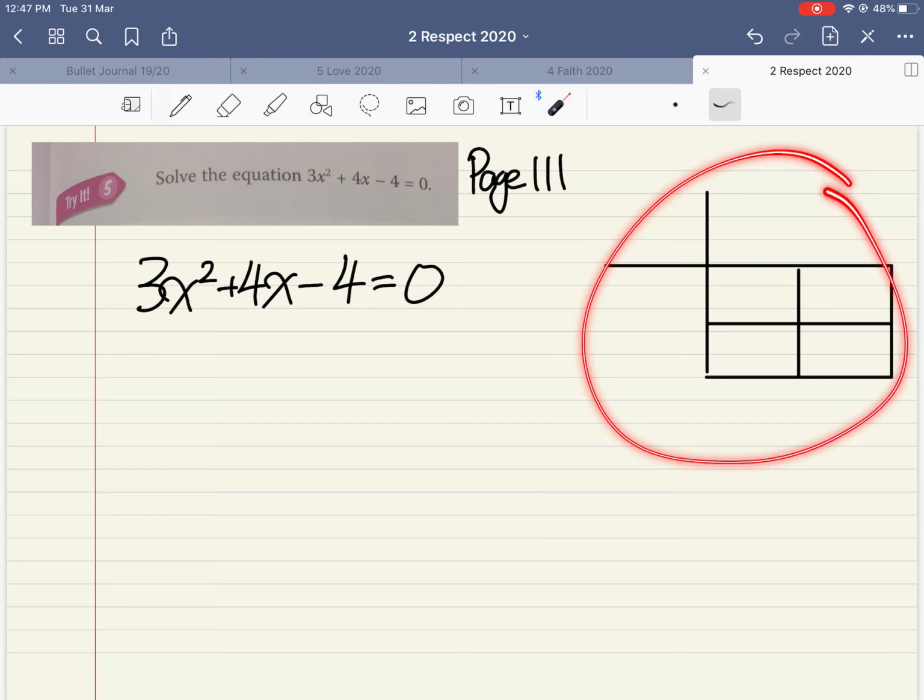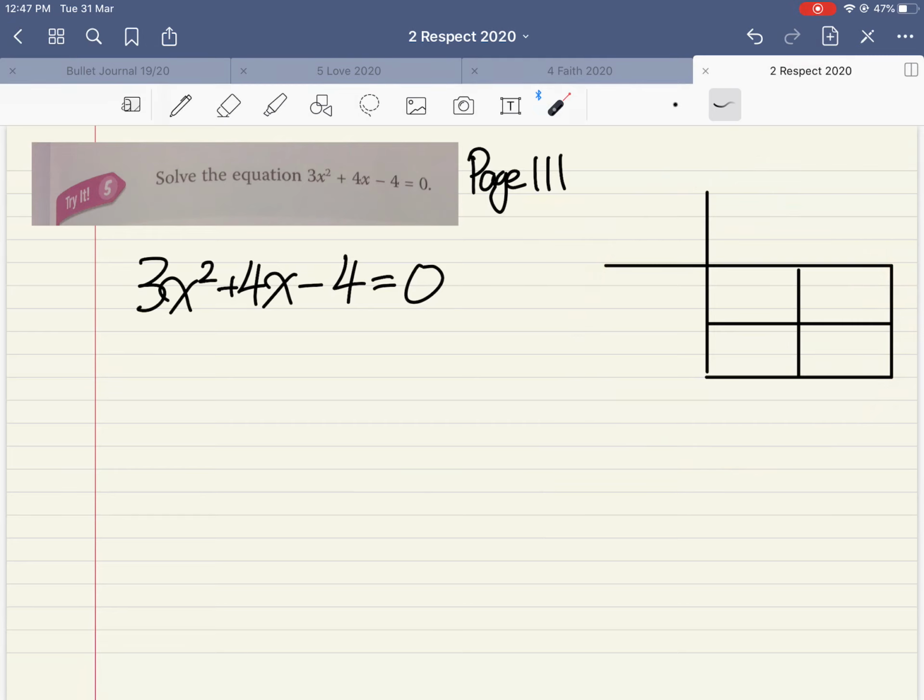On the right hand side of the page, I've already set up the factorization frame. First, we will fill in 3x squared and negative 4. Then we will proceed to attempt to factorize 3x squared plus 4x minus 4.